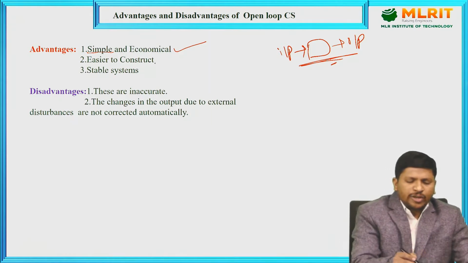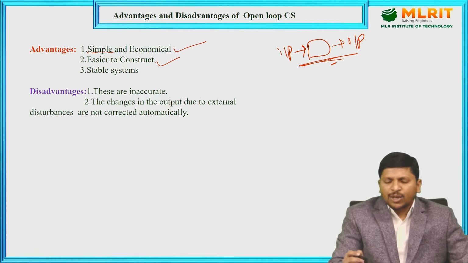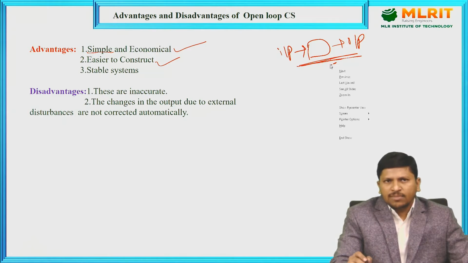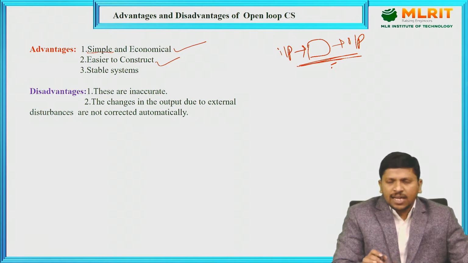The next point is that it is easier to construct, because fewer elements are used. That's why it is simple, easier to construct, and also economical.